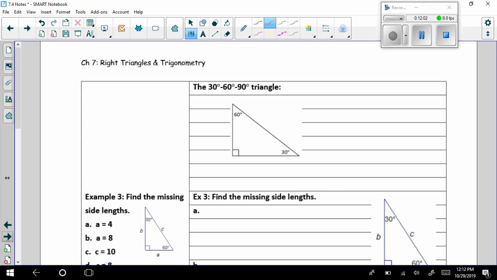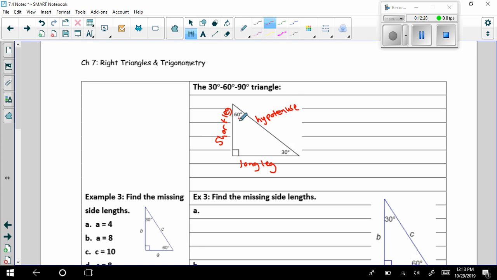Okay, and then we have a 30, 60, 90 triangle, and we're going to look again at Pythagorean theorem. We still have your leg, and you have your leg. This time it's very clear which one's shorter, so we have our short leg, and we have a longer leg, and we have our hypotenuse.